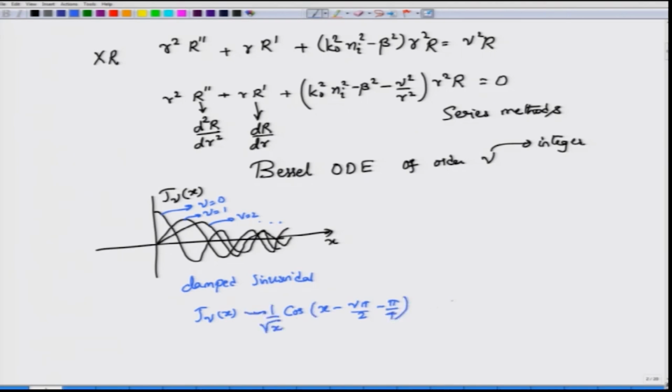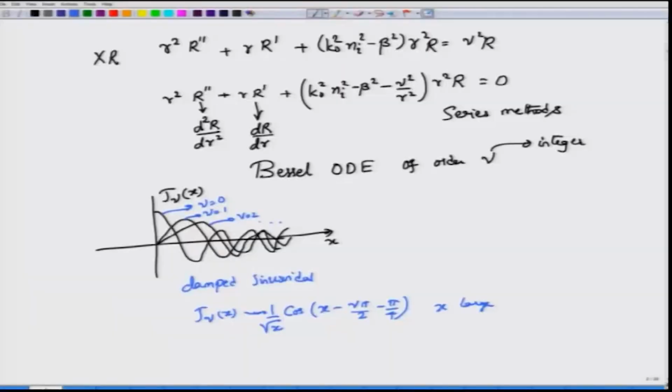Okay. So, this can be written for very large values, which means far away from the origin. The reason why we call this damped sinusoidal is because they exhibit oscillatory solutions, and these oscillatory solutions are important because that would correspond to standing waves inside the fiber, which is precisely what we started off hoping that we actually get, because you want standing waves inside the fiber and you want the evanescent or the radiating modes outside the fiber core. Okay. So, this situation is very similar to the slab waveguide situation.